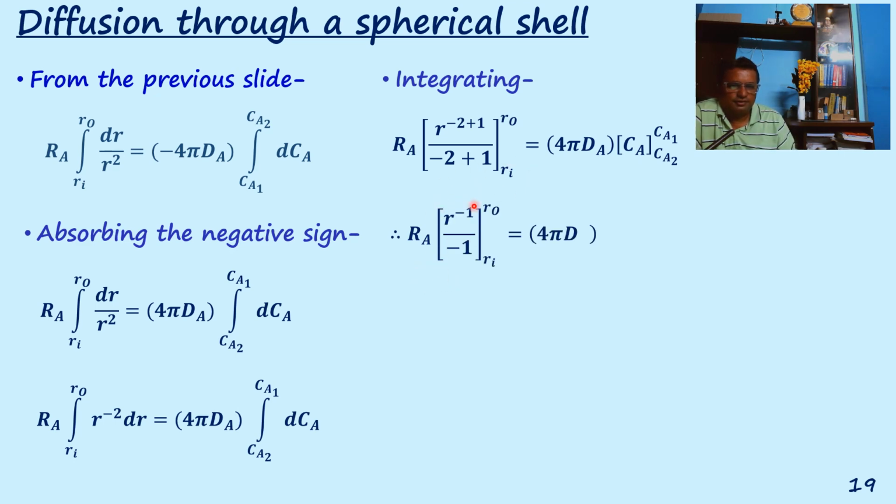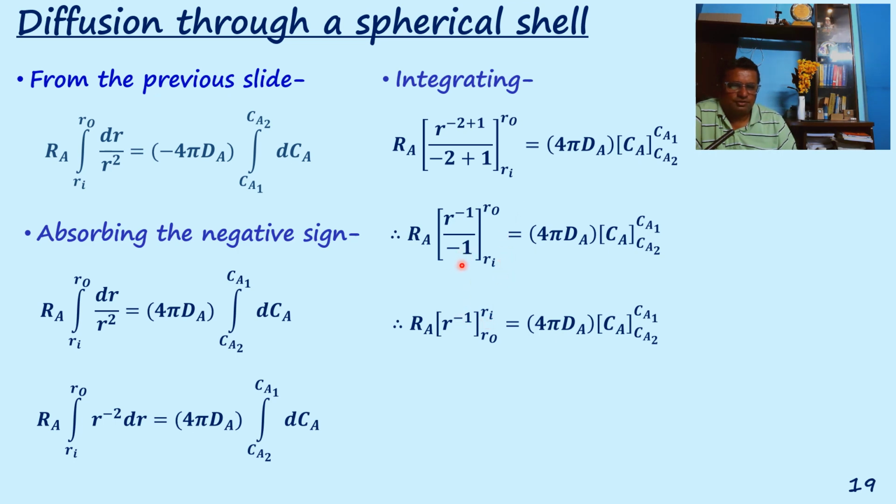Again, if you simplify it, you have Ra into r raised to minus 1 divided by minus 1, limits Ri to R0, that is equal to 4 pi dA into Ca, limits Ca2 to Ca1. So again, this negative sign is absorbed, and for that we have changed the limits. Now limits are from R0 to Ri. Earlier it was from Ri to R0.